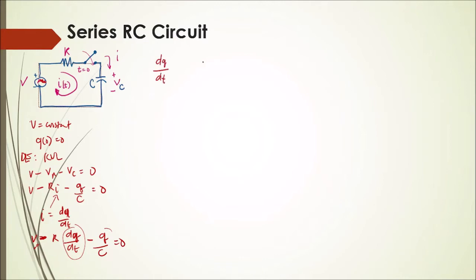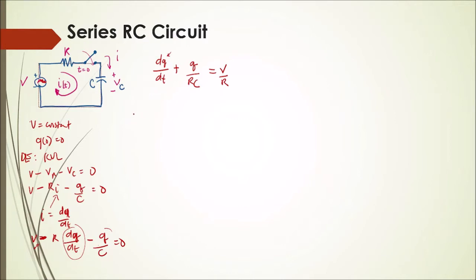So remove R, meaning the equation becomes dQ over dt plus 1 over RC times Q equal to V over R. Okay, we divide everything by R para we can have a coefficient of 1 for this derivative.